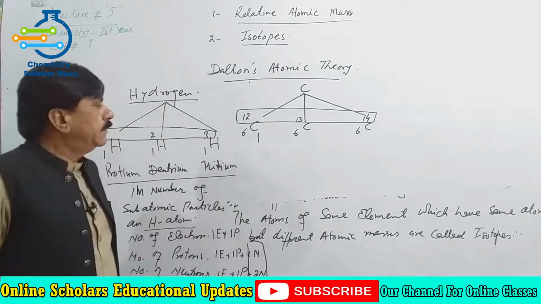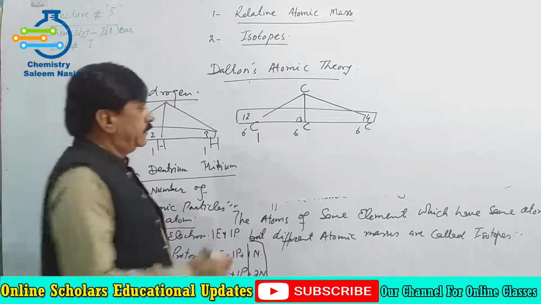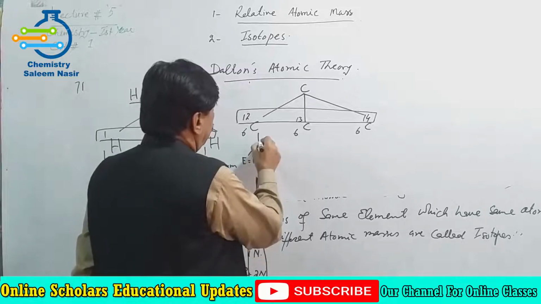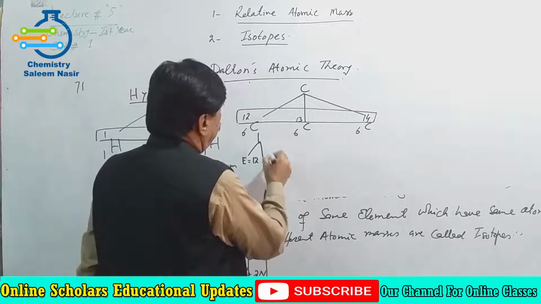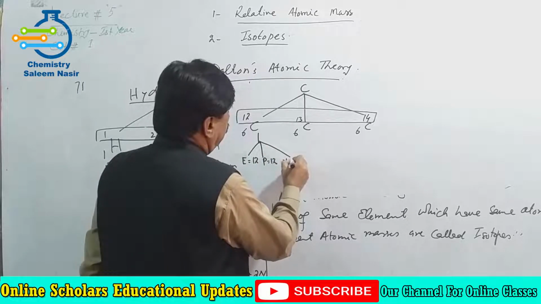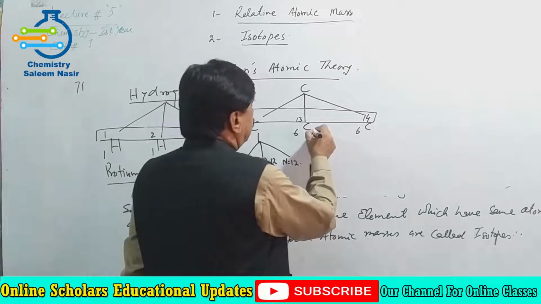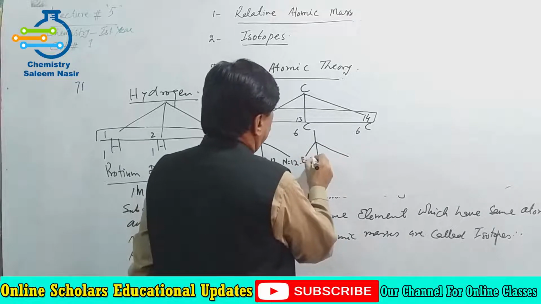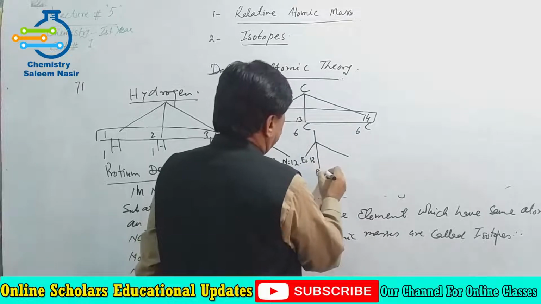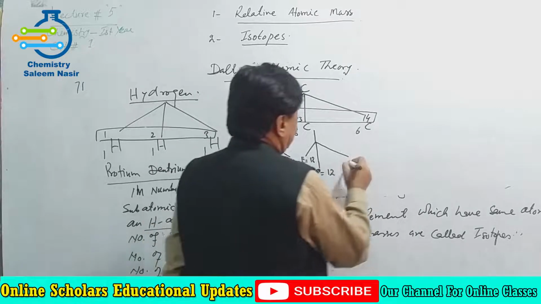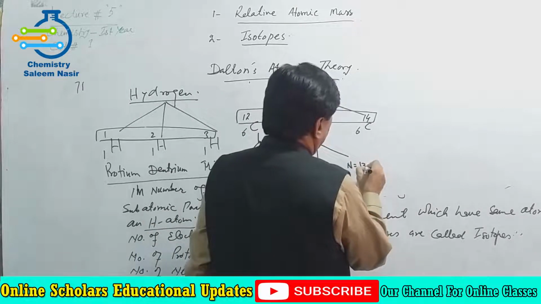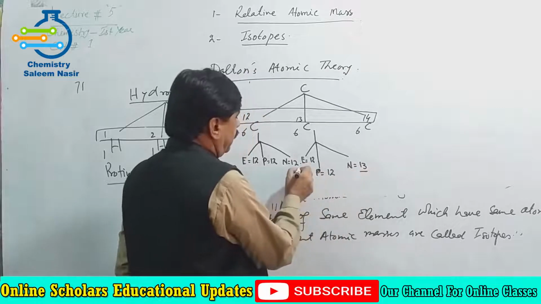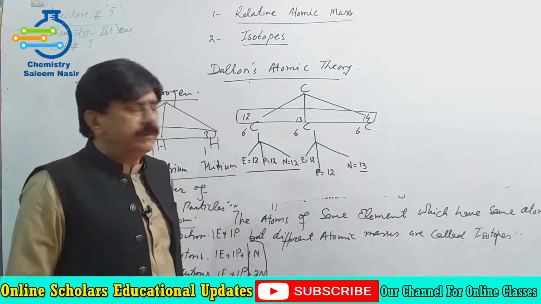Carbon-12 contains 12 electrons, 12 protons and 12 neutrons. Carbon-13 contains 12 electrons, 12 protons and 13 neutrons, a difference of one neutron from C-12.